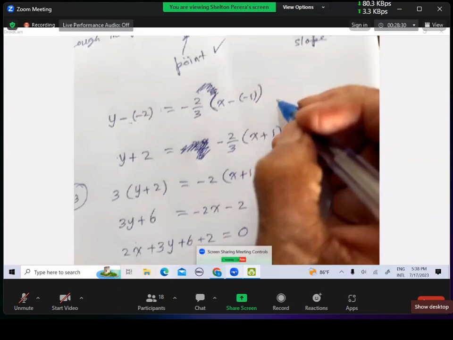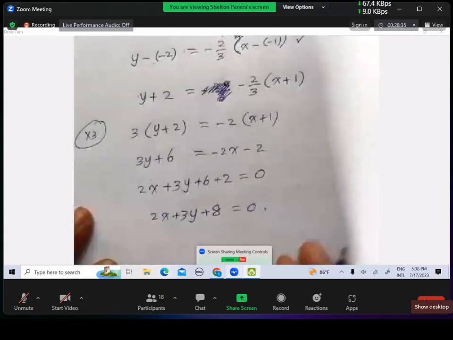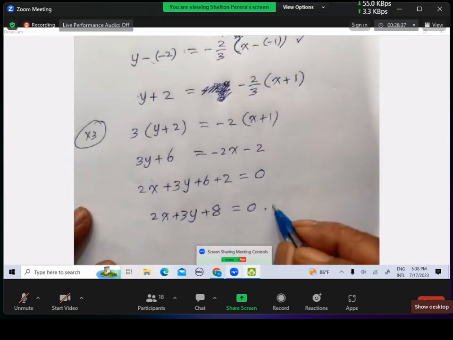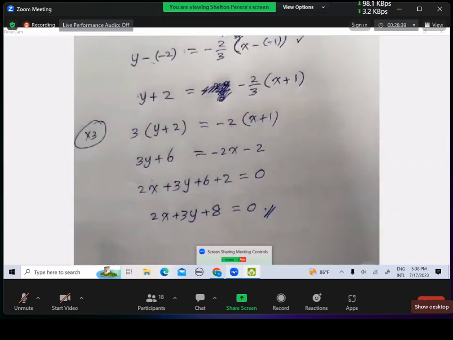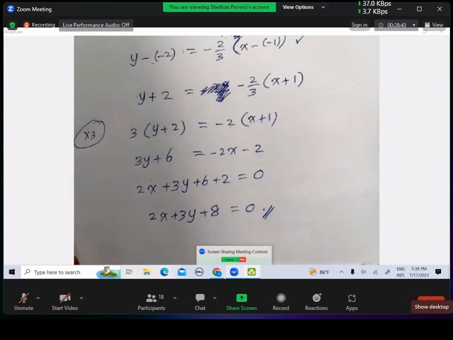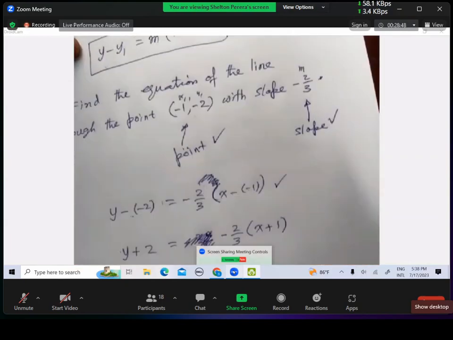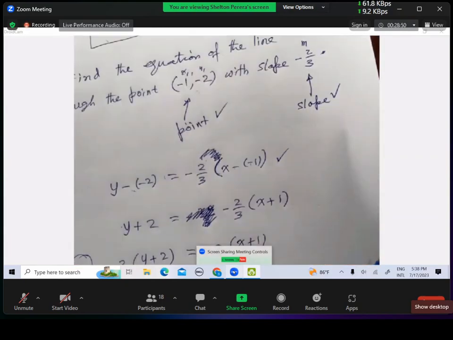I mean, this is an answer, the simplified version of that straight line. Find the equation of the line through this point with that slope. Now I will give you a problem for you to work and tell me the answer.